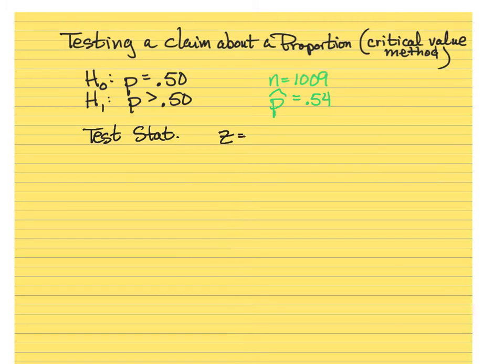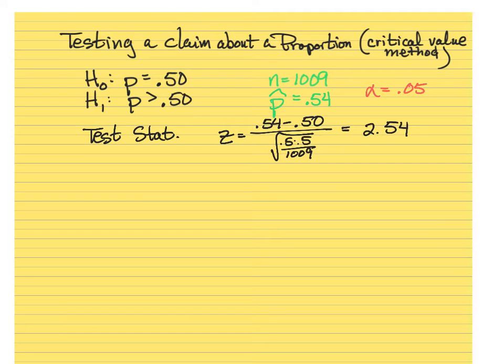It's still the z-score: 0.54 minus 0.50 over the square root of 0.5 times 0.5 over 1009. That is exactly the same approach that we used before, and so we get a z-score of 2.54. I should also mention that we are testing this claim at the significance level, just like before, of 0.05. That's given to us at the beginning.